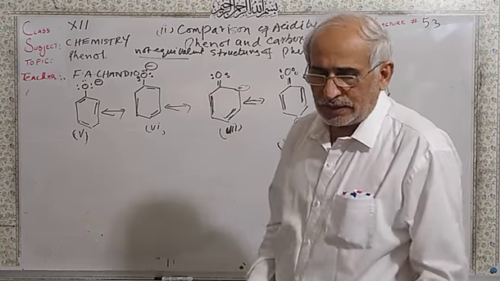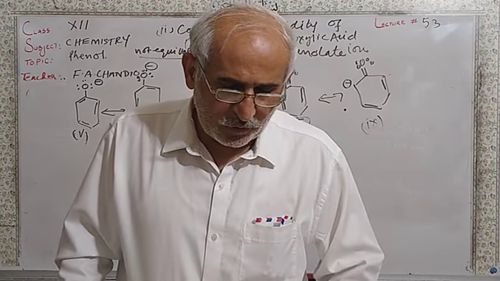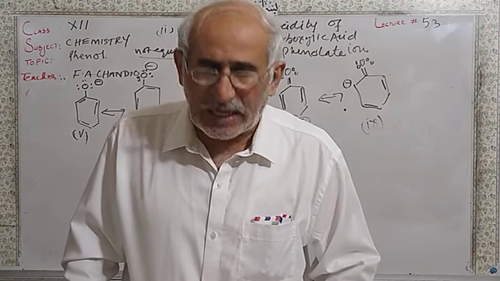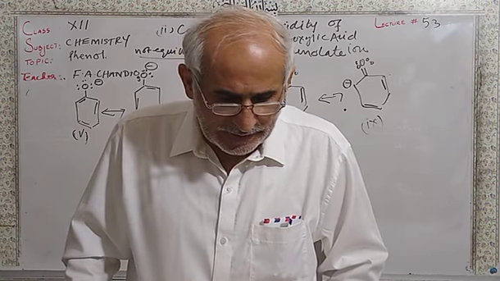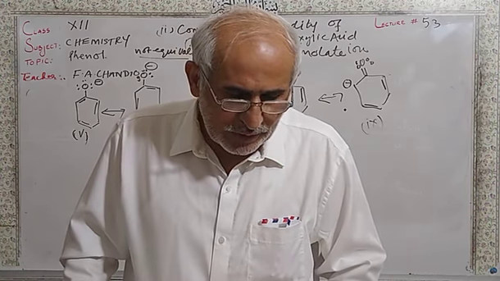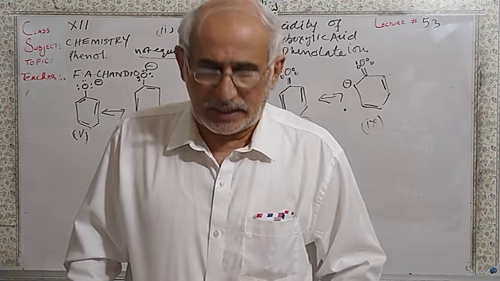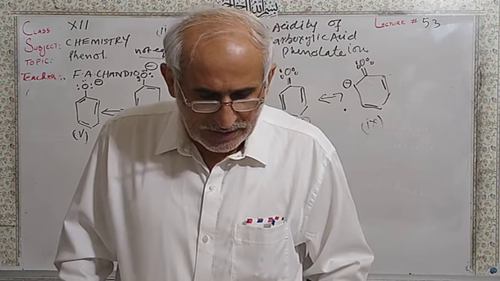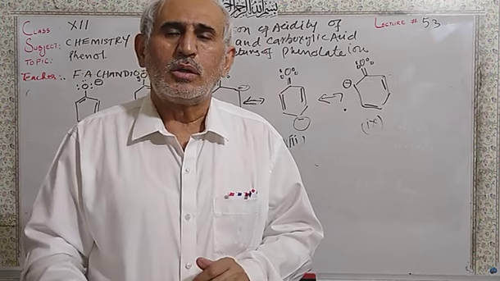They are not showing equivalency. The resonance structures 3 and 4 for the carboxylate ion are equivalent and more stable. Hence, the carboxylate ion is relatively more resonance stabilized than the phenoxide ion. Thus, carboxylic acid is more acidic than phenol.